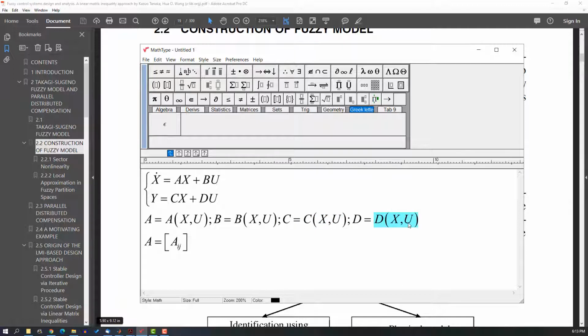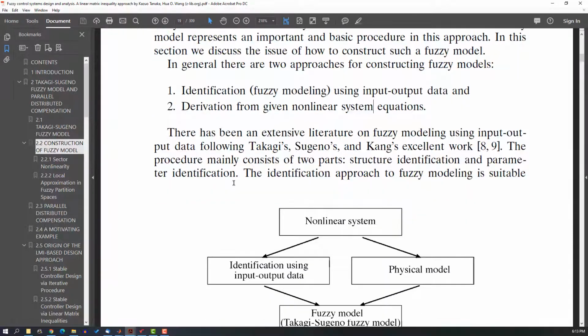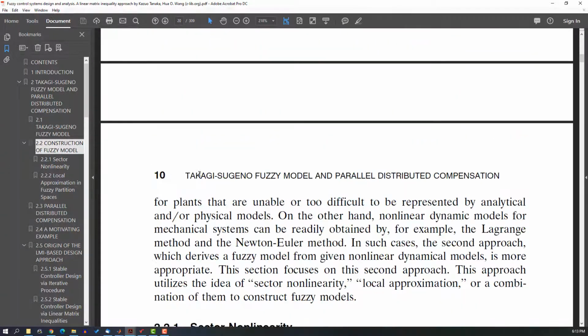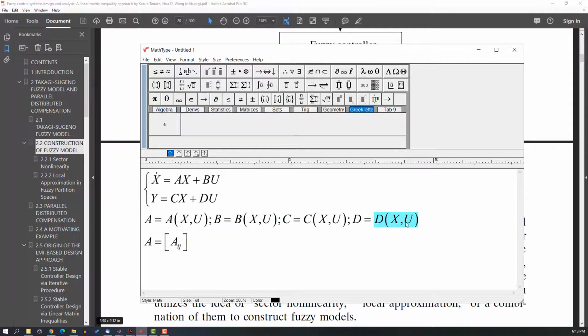For example, you have a model of your converter, inverters, or something like that. Okay, so for the second methodology, you have to fully understand your system.